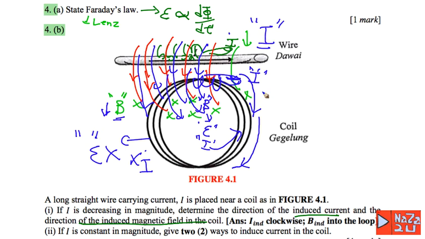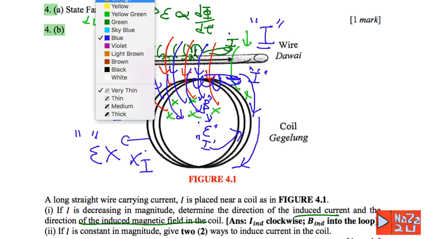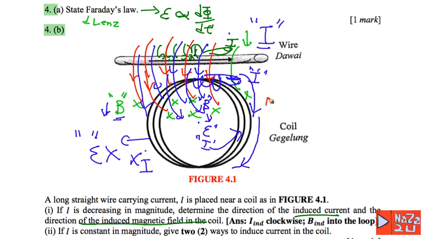What you can do is move the coil toward the wire or away from the wire, or you can increase the size of the area of the coil, from small to big, or from big to small.